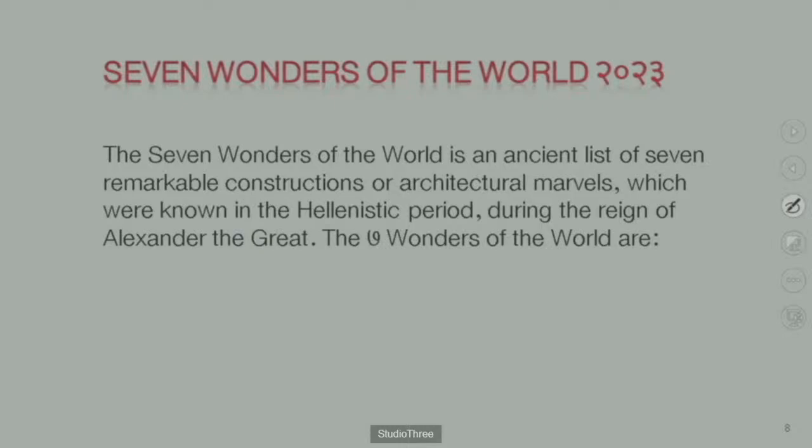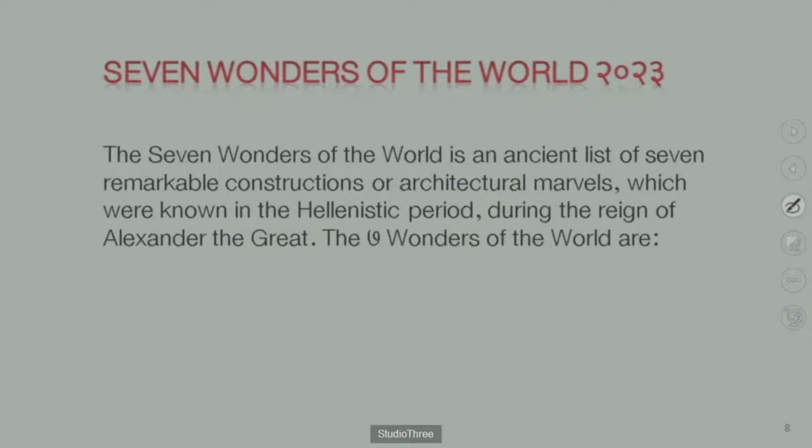Now see, friends, as your knowledge, I have some 7 wonders of the world of 2023. The 7 wonders of the world is an ancient list of 7 remarkable constructions or architectural marvels, which is called the beauty of present world, preserved by our ancestors, maintained by our ancestors, and made by our ancestors for us.